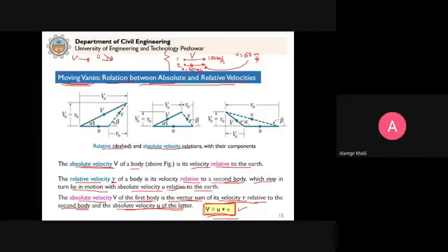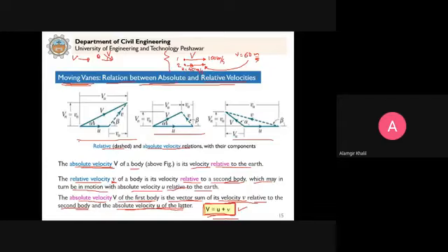So the absolute velocity and the relative velocity make an angle here, because for the cases that we will discuss and calculate the forces, you can have this triangle, this triangle, or this triangle. You understand? And then from here you have to calculate the relationship between the velocities.